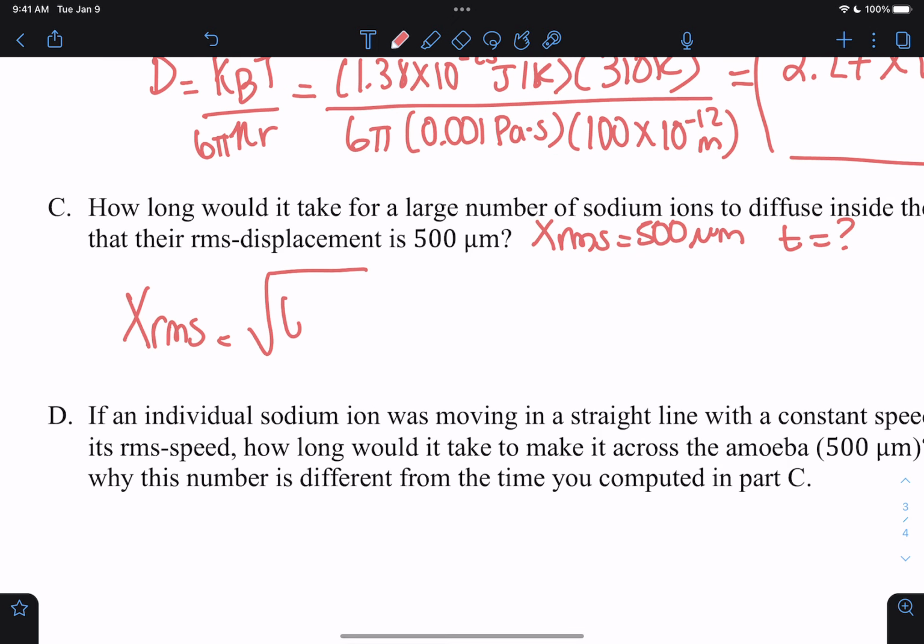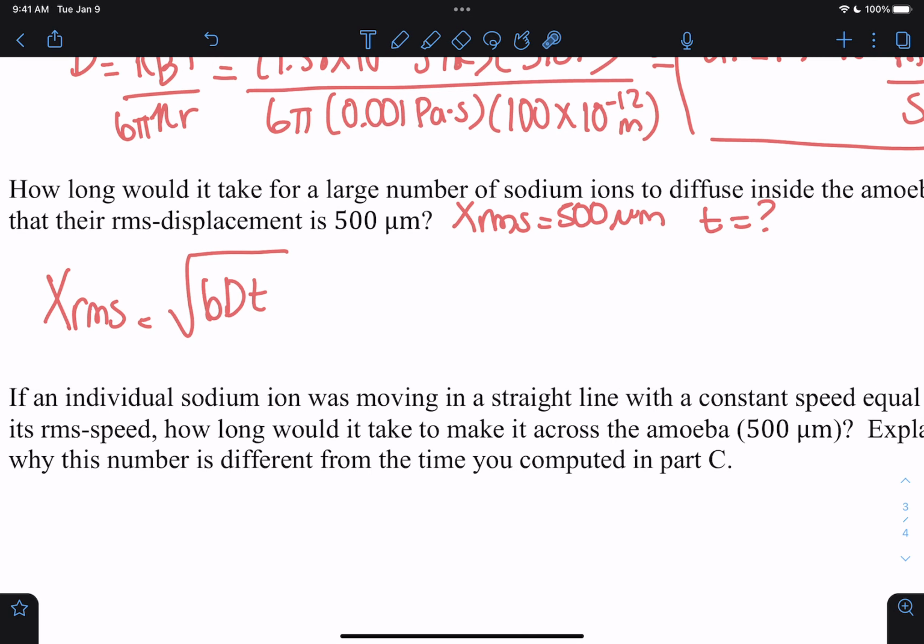So that's why we use 6Dt here. They're giving us XRMS is 500 micrometers, and we're trying to figure out time, so just isolate the variable time. XRMS squared equals 6Dt, so I'll divide over by 6D, and that's equal to the time.